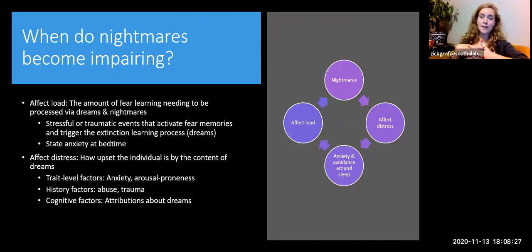And we know that the frequency and content of nightmares itself is not associated to psychopathology or distress. But the way that our nightmares make us feel, the affect distress that we have, is related to psychopathology. So what's happening in nightmare disorders when nightmares become recurrent and chronic and impairing is that some individuals have a tendency to make negative attributions about their nightmares, that they think the nightmare means something bad.